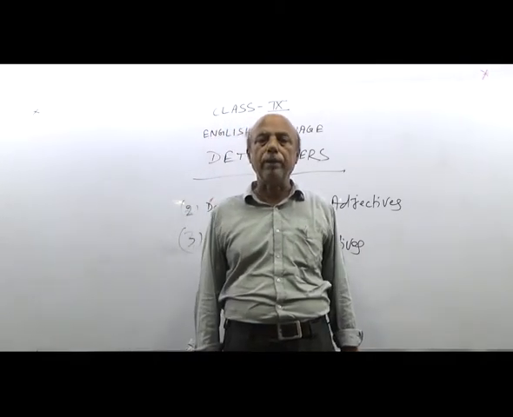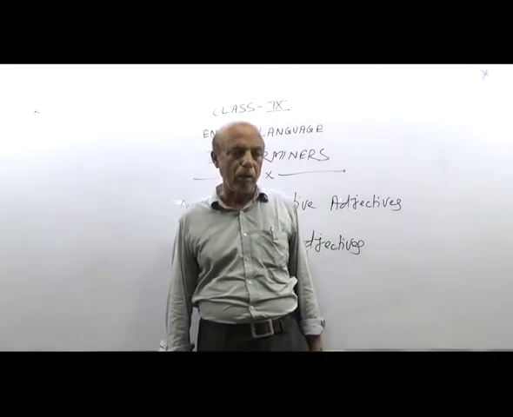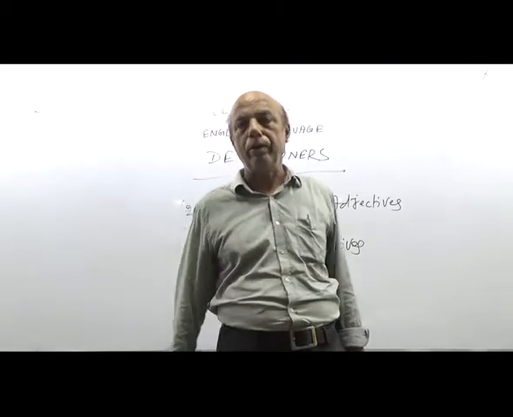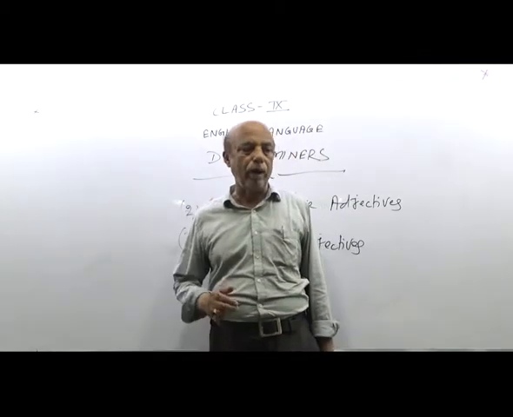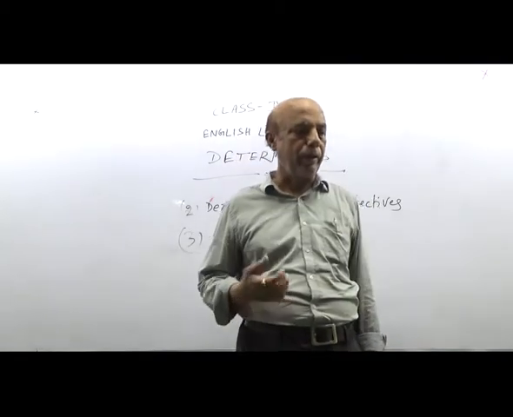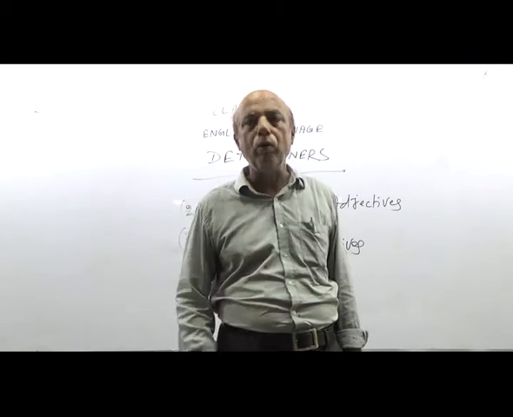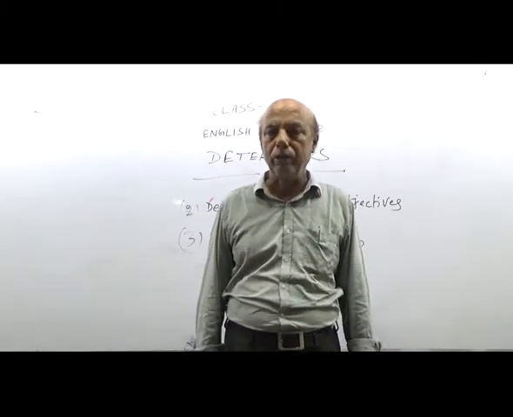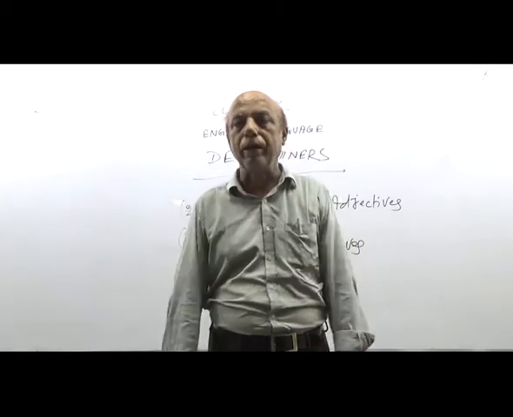The fourth part is called quantitative determiners. Quantitative determiners means little, much, and more. And the next part, the last part of the determiners, is called possessive determiners.